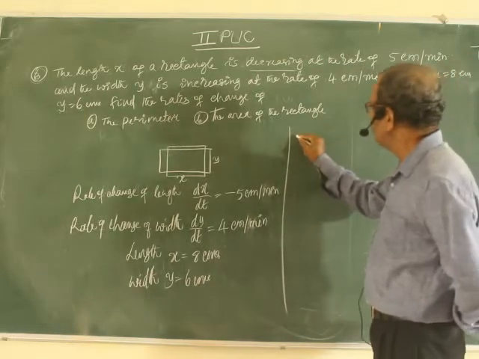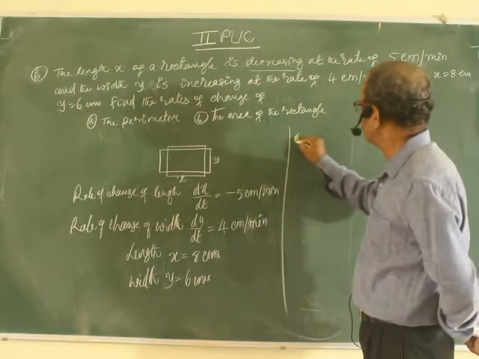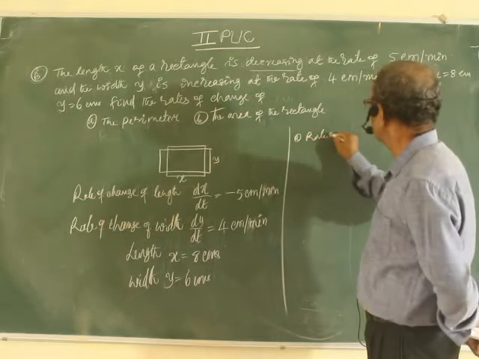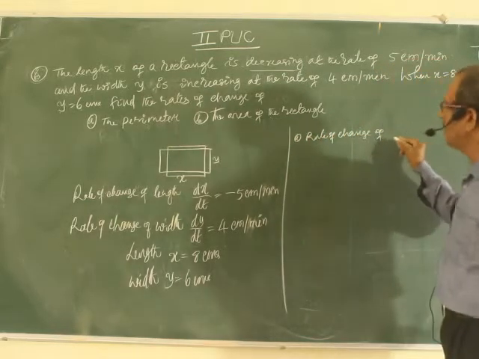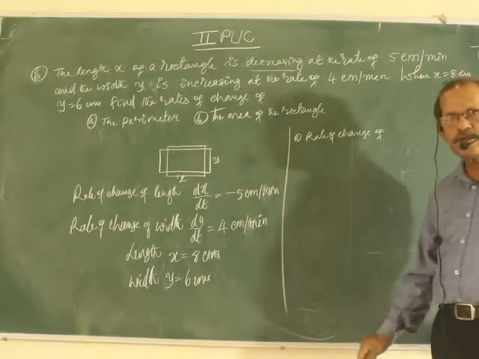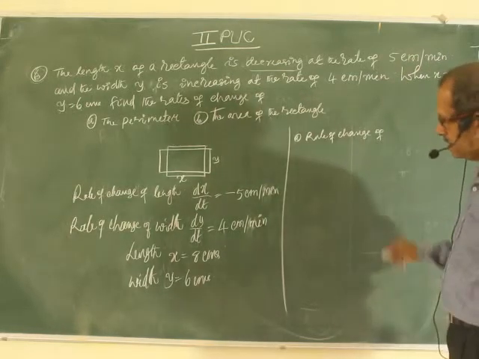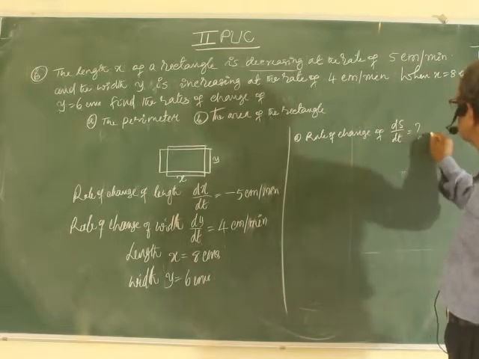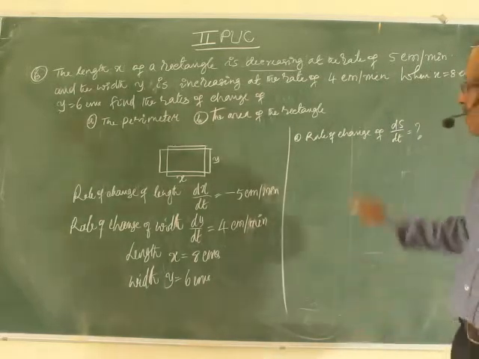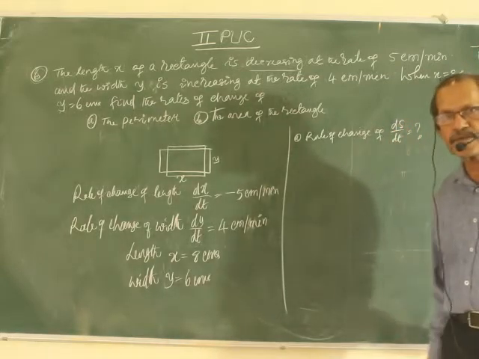Then what is the rate of change of perimeter? Give the notation for perimeter. Let me give ds by dt equal to how much? Remember, S is the notation I have taken for the perimeter.